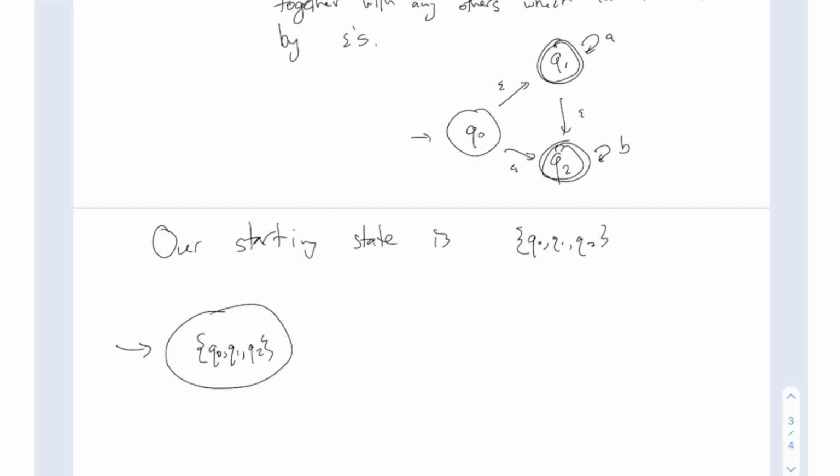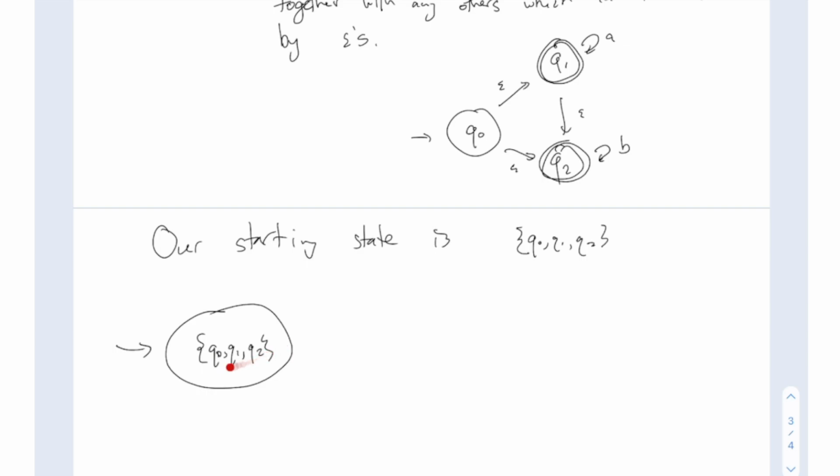And how do you draw the arrows? For this one, first of all, there are no epsilons, because my result here is going to be a DFA, so you're never going to write epsilon transitions in this one. I need an A and a B from this state, right? How do we determine that?